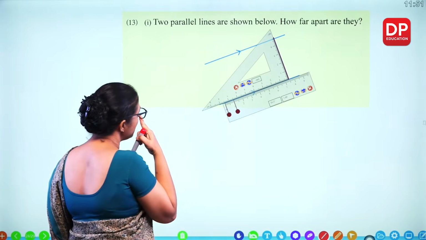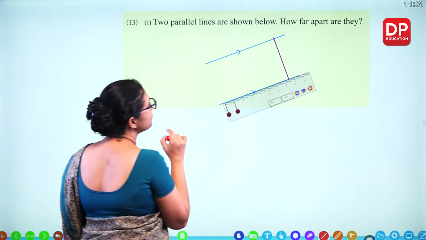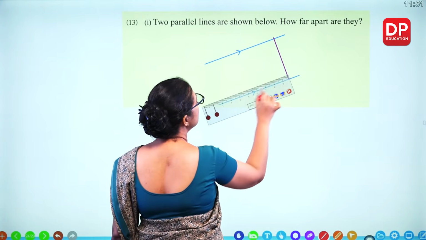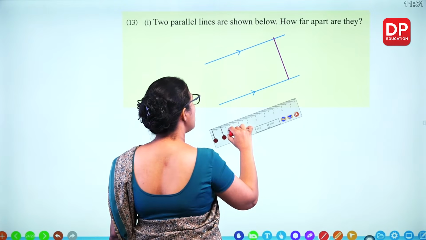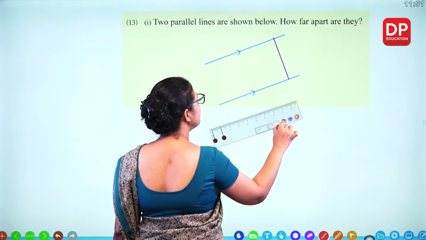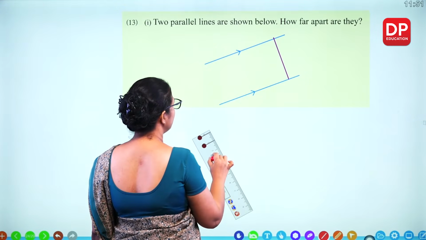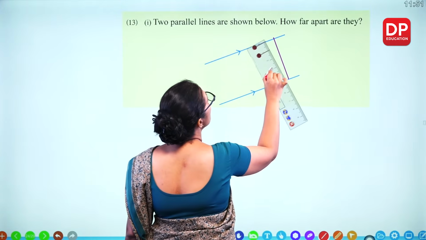Now you can measure it and see. Here to here. We'll take the ruler and measure. Starting from here.